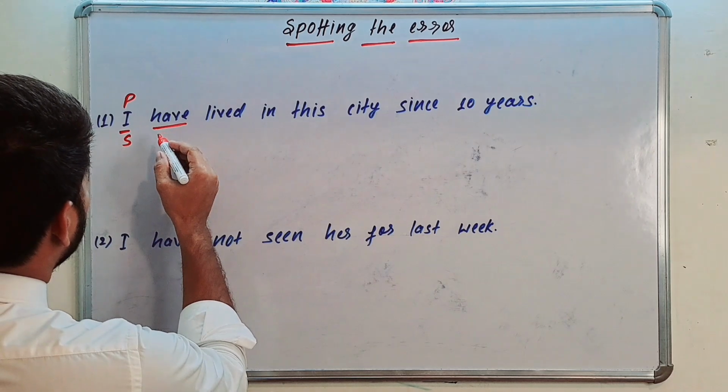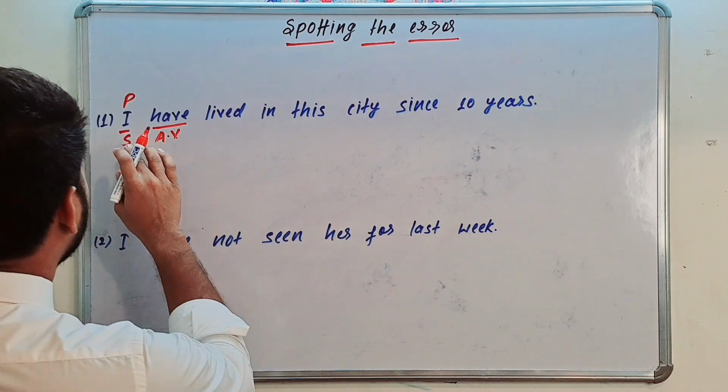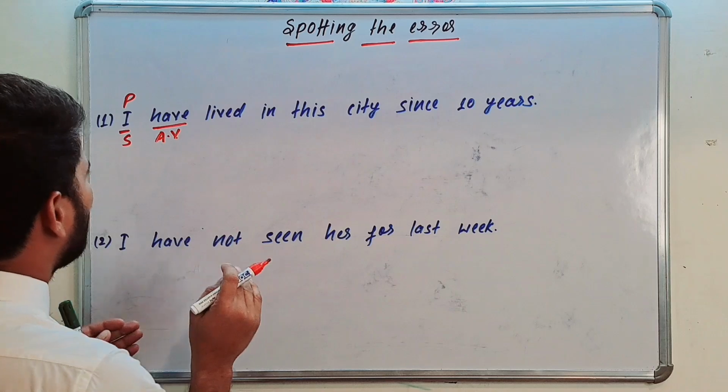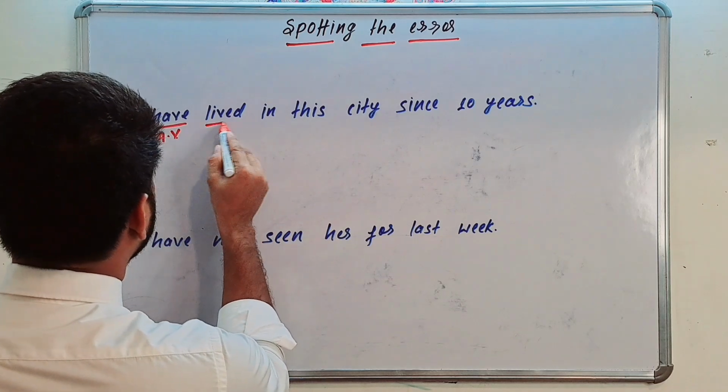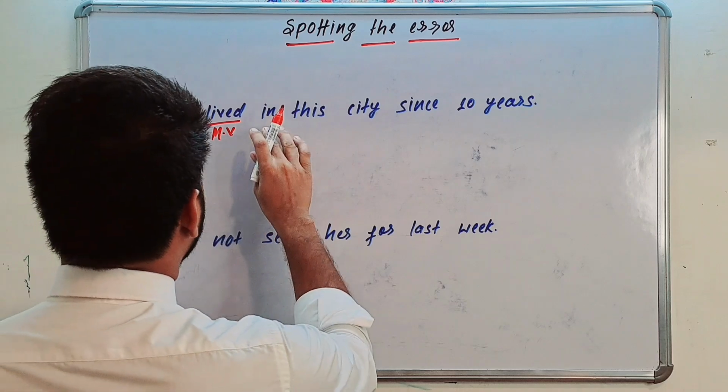"Have" is your auxiliary verb. "Lived" is the main verb.